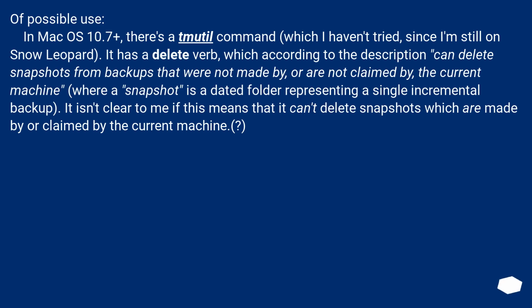It has a delete verb, which according to the description can delete snapshots from backups that were not made by, or are not claimed by, the current machine, where a snapshot is a dated folder representing a single incremental backup. It isn't clear to me if this means that it can't delete snapshots which are made by or claimed by the current machine.